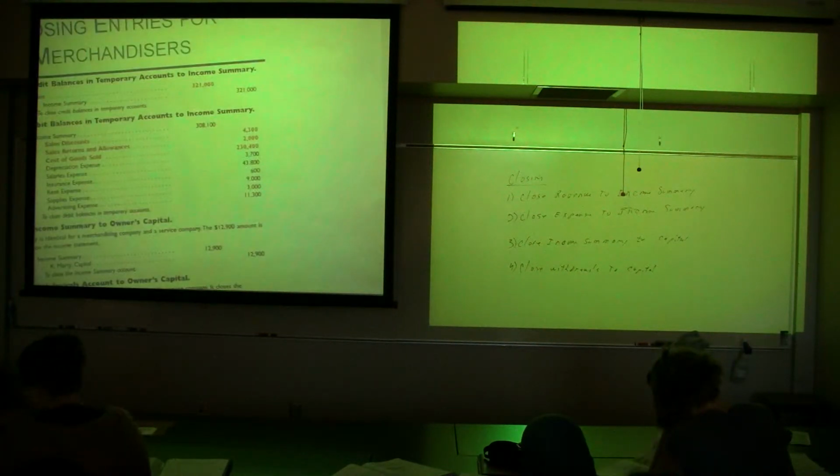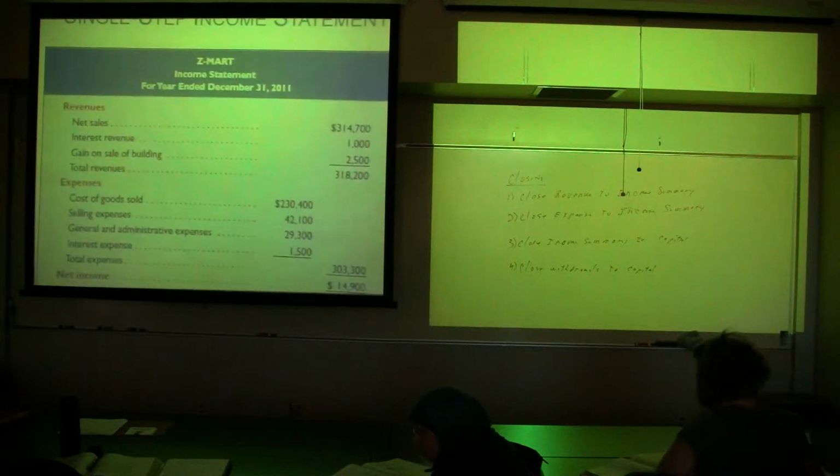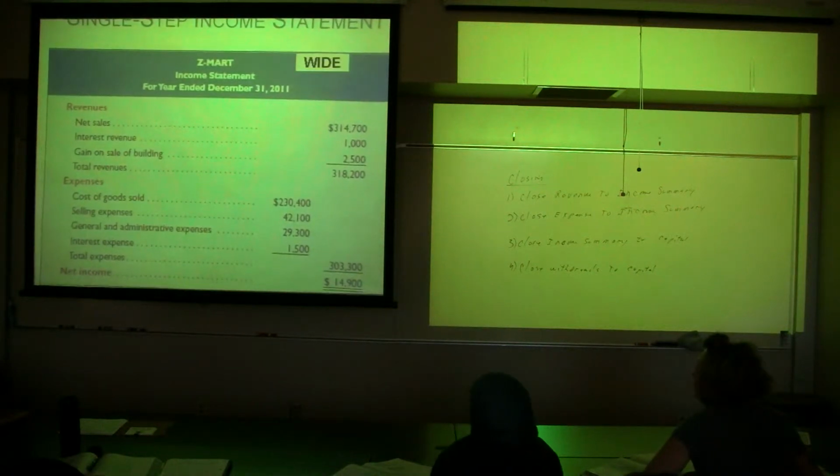All right, now, do you remember when we, oh here, let me show you. Now, here's an example of the income statement we've been working with. It's called a single step income statement.